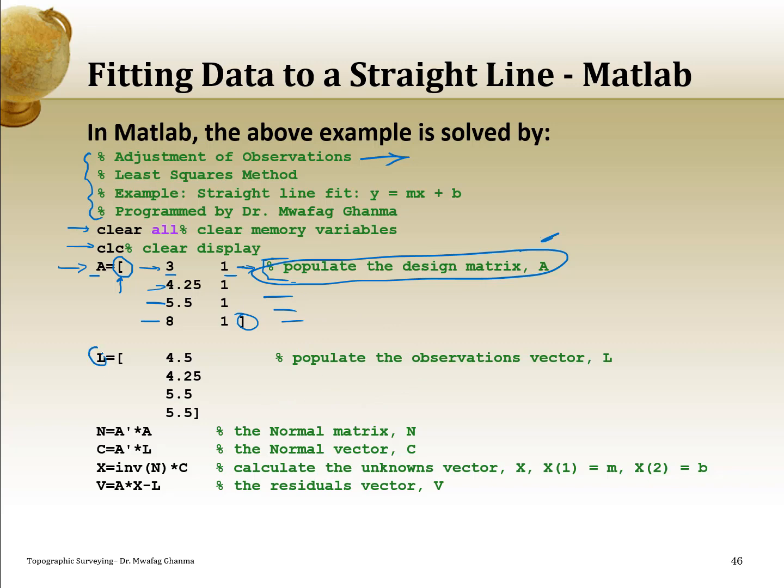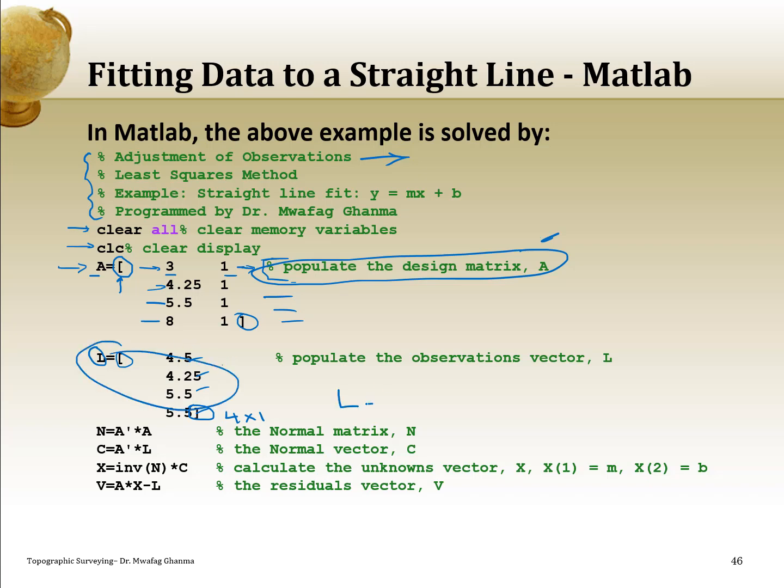Then we enter the L vector. It is also L equals, we open the square bracket, 4, 5, and everything. When we finish, you will see here this is a vector, and that's why it is 4 by 1, because we have 4 values, each on a separate line, and we have 1 column. You can also enter this in one line.